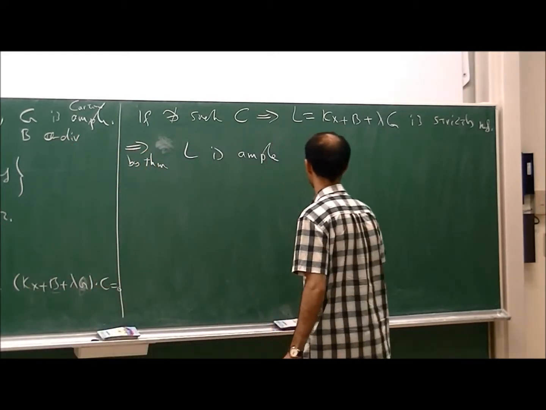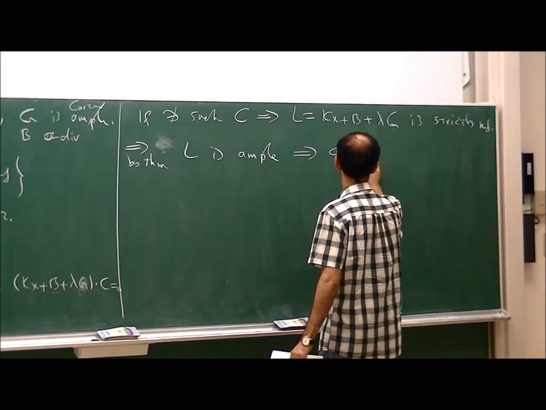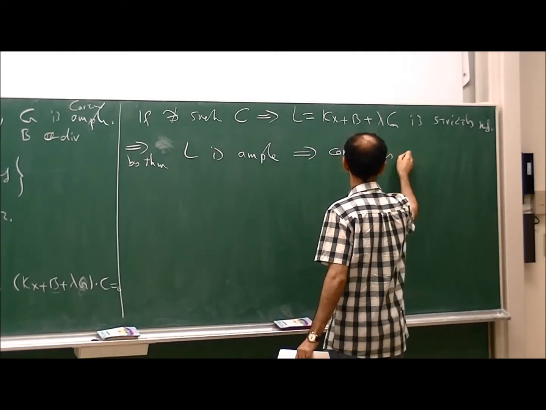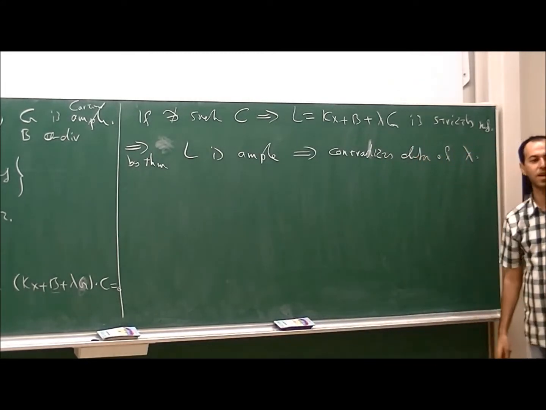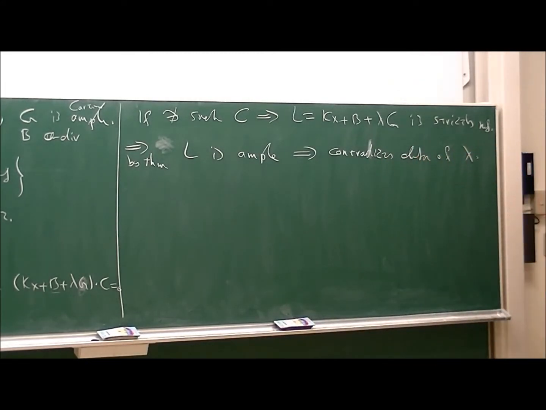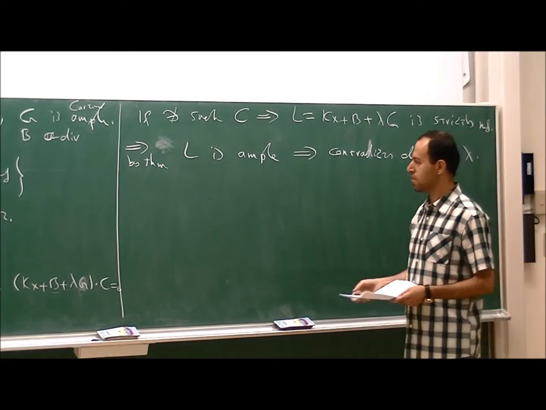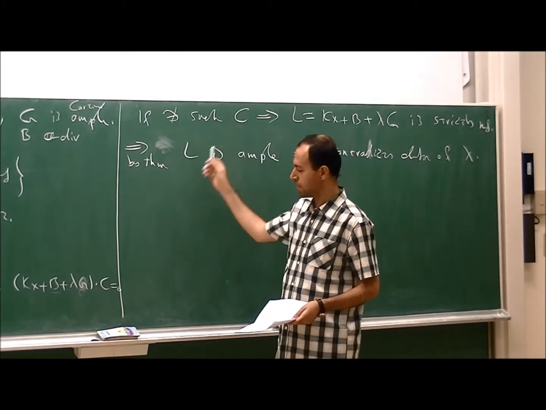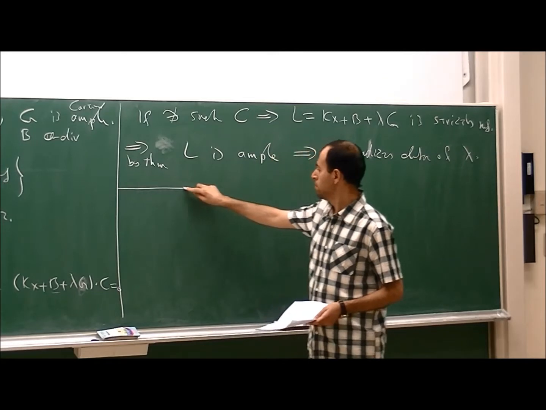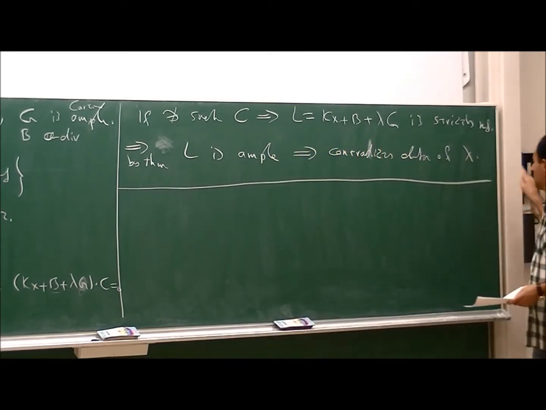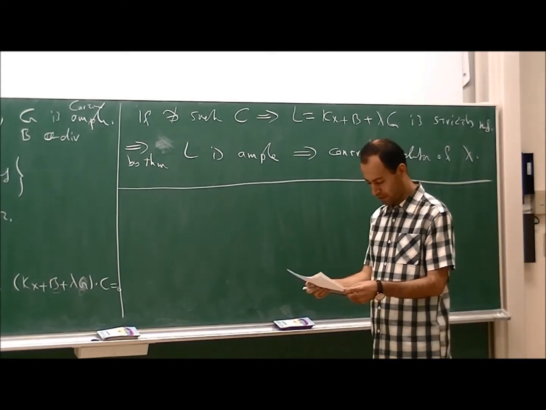So this will contradict the definition of lambda. It just cannot be ample, otherwise you could choose a little smaller number, smaller than lambda, with the same properties. Therefore, there must be such a curve, and then from that you will get that lambda is rational. Okay, so that's a trivial corollary from the main theorem.